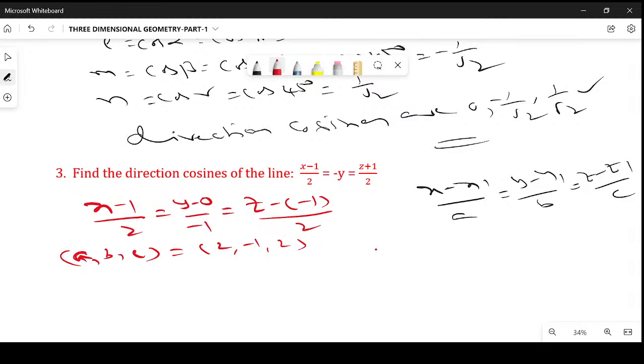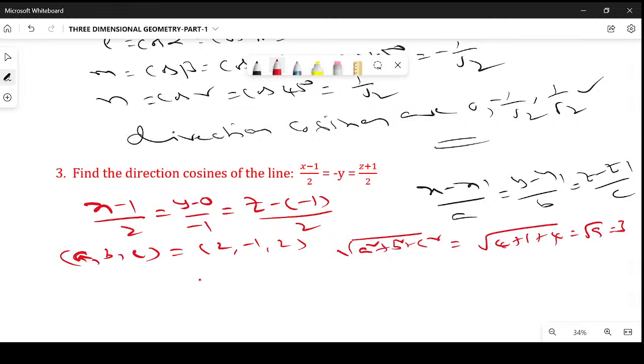To find the direction cosines, I take root of a square plus b square plus c square, which is root of 4 plus 1 plus 4, root 9. It will be 3.